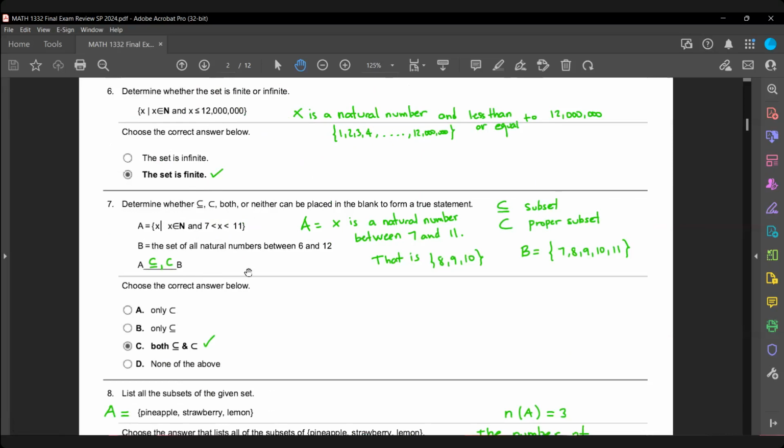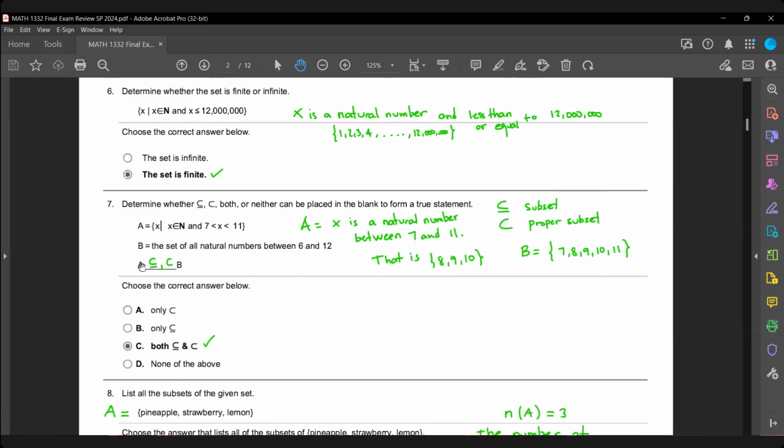The set A is all the elements that belong to the natural numbers and are between 7 and 11. The natural numbers between 7 and 11 are 8, 9, and 10. This is set A. Set B is the set of all natural numbers between 6 and 12. Those are 7, 8, 9, 10, and 11.